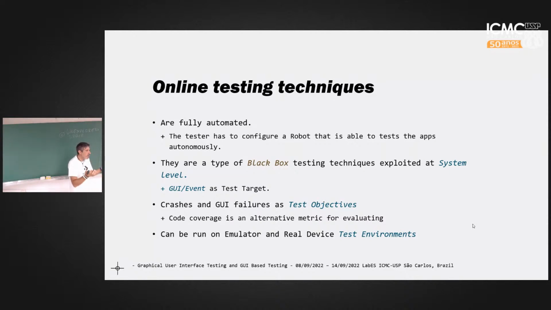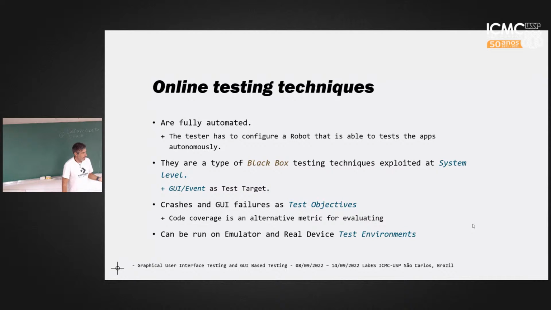From a theoretical point of view, I have no difference between an emulator and a real device. The algorithm is the same. The problem is to find the framework that allows me to execute the online testing technique on the emulator and a framework that allows me to execute the crawler on the real device.